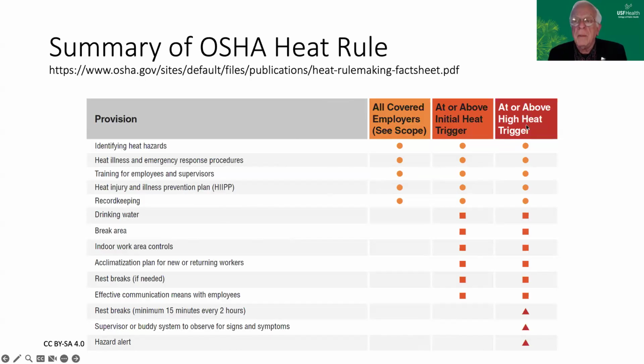Then when you're above the occupational exposure limit, or the TLV or the REL, then you add on to those basic interventions a rest break, begin a buddy system, and have a hazard alert.